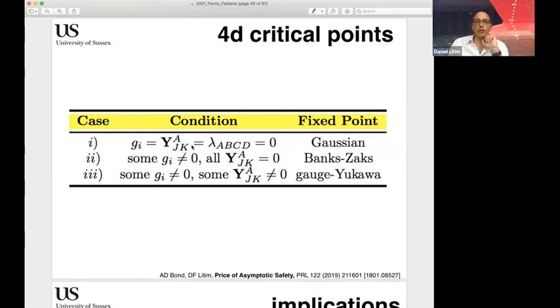So as a summary for what happens at weak coupling, the message to take home is that there are only 3 types of fixed points: either the Gaussian, where all couplings vanish, or a Banks-Zaks, where all Yukawas vanish, but some gauge couplings are non-zero, or the gauge-Yukawa fixed points, where some gauge couplings are non-zero and some Yukawa couplings are non-zero. It's only the first and the last which also can be ultraviolet fixed points.